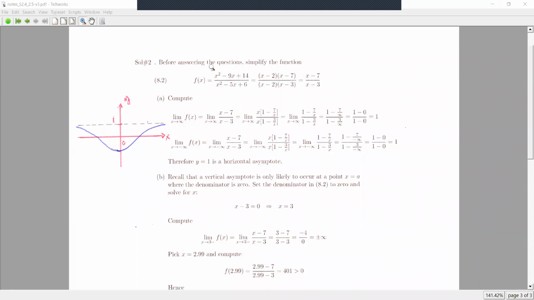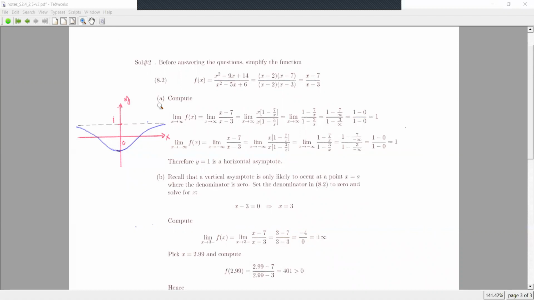Before answering part A and part B of the example, I simplify the function first. Factor the 2 polynomials, then I have this equation. Cancel x minus 2 from the top and from the bottom. Then the function f is simplified to this function.